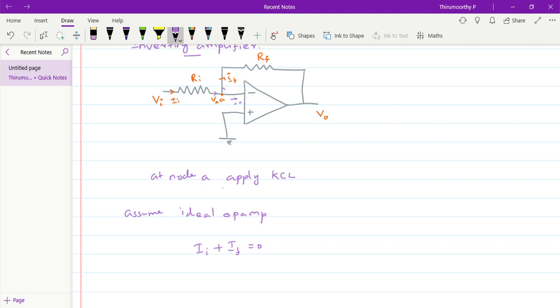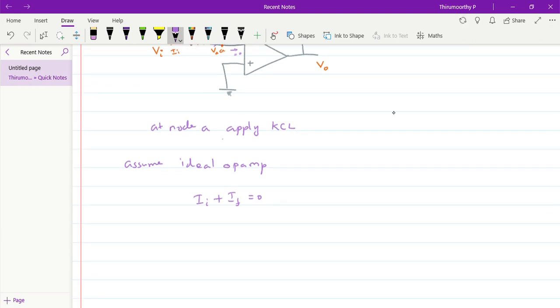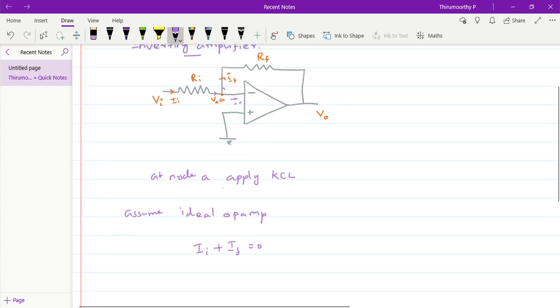So Ii is equal to the voltage difference across the resistance divided by the resistance value, that is Va minus Vi divided by Ri, plus If, feedback current.